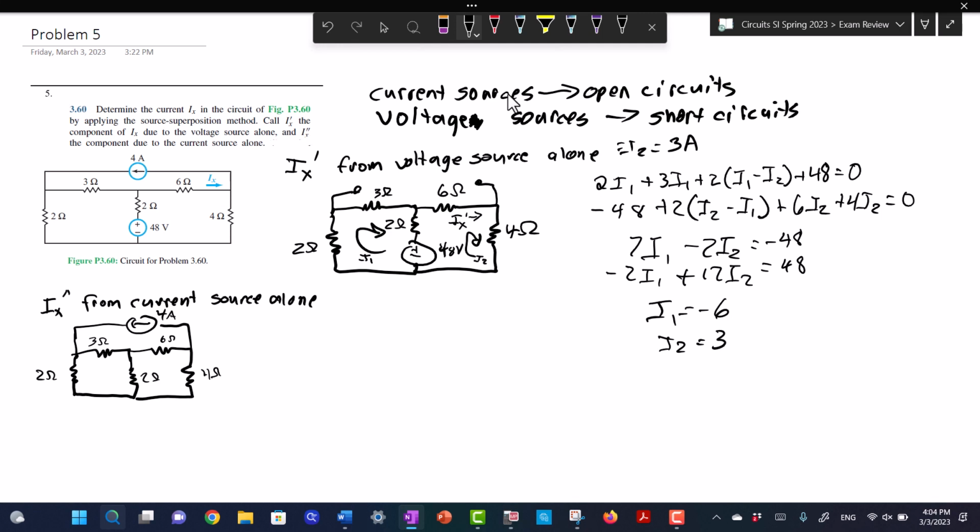Okay, so the voltage source just turned into a short circuit, just straight wire.